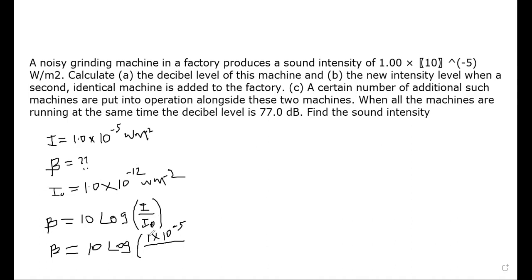So we are going to substitute I naught here.